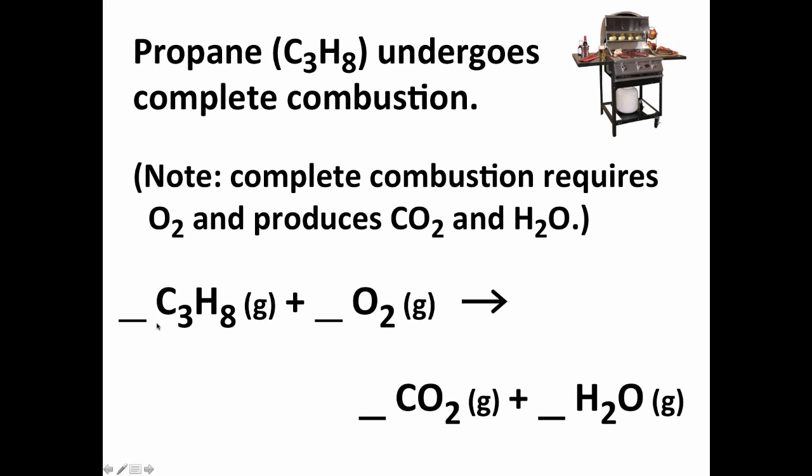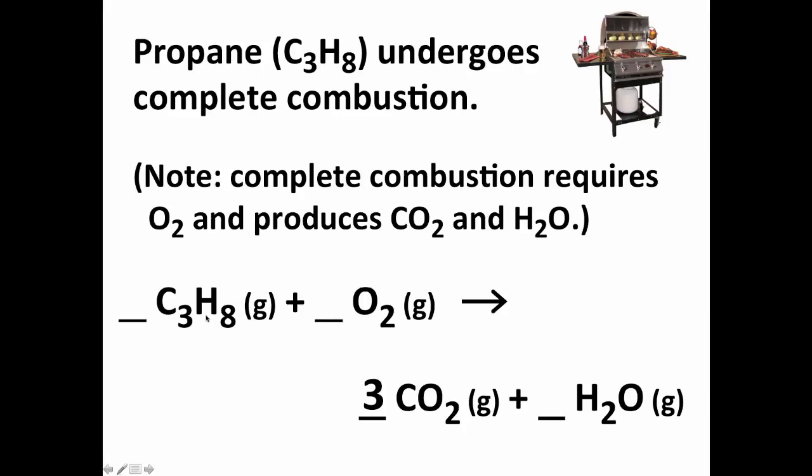So the unbalanced reaction equation for the complete combustion of propane is C3H8 plus O2 makes CO2 plus H2O. And to balance, we'll start with carbon, 3 carbons on the left, need to have 3 carbons on the right.